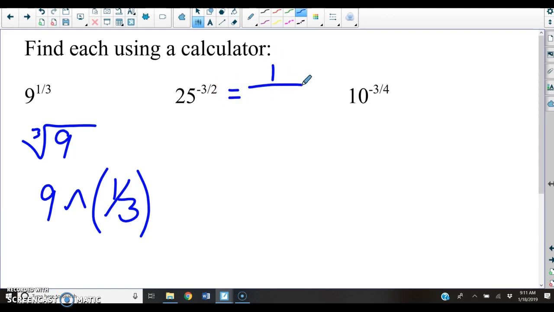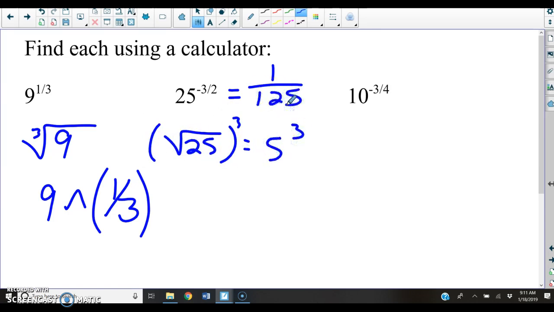Okay, so to me, I'm saying I don't need a calculator on this one. This is the square root of 25 and then cube it. So I got 1 over 125, but as a decimal, it'll come out different. Okay, same thing with this, 10 raised to the parentheses -3/4. If you're not sure if it's working out the way it should, come ask me. I will make sure that you understand how to use your calculator.